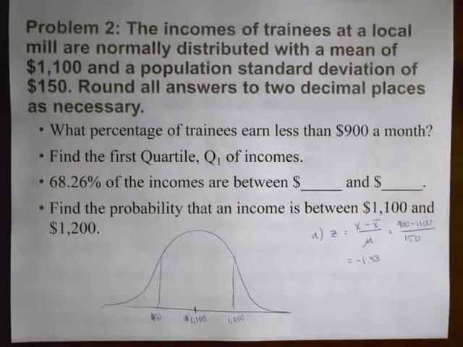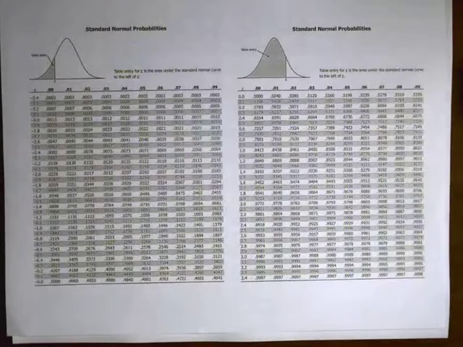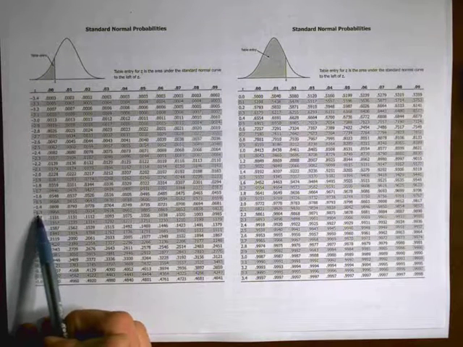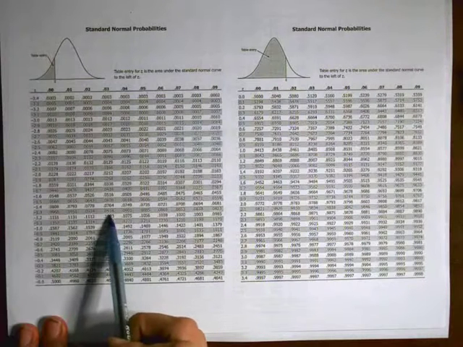In order to solve this question, we need to look up negative 1.33 on our z-table chart. It might be kind of small, but I find negative 1.3 and follow it over to find 0.0918.